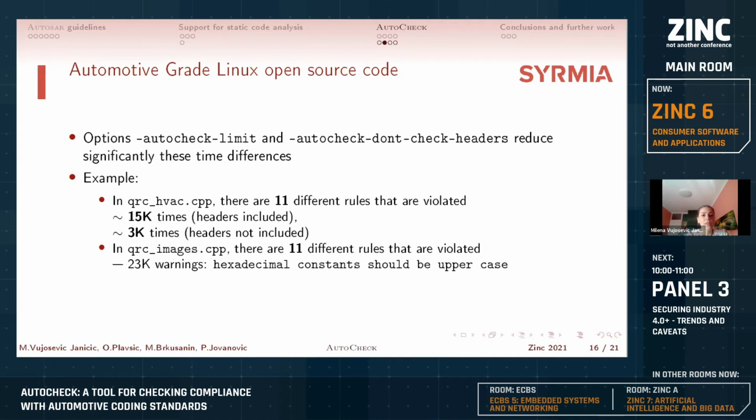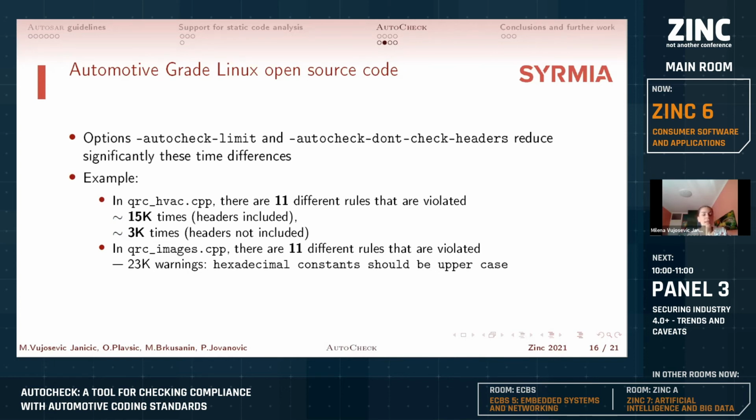And in this other example, there is one rule that is violated a huge number of times, and reporting it at each location just takes a lot of time. Just printing the corresponding warning when a rule is violated so many times takes a lot of time. But yes, of course, that is something that is necessary.